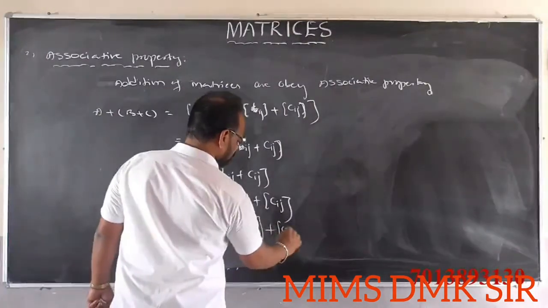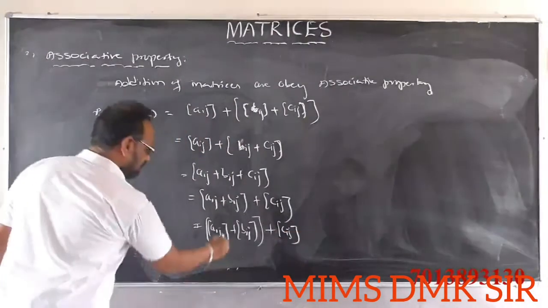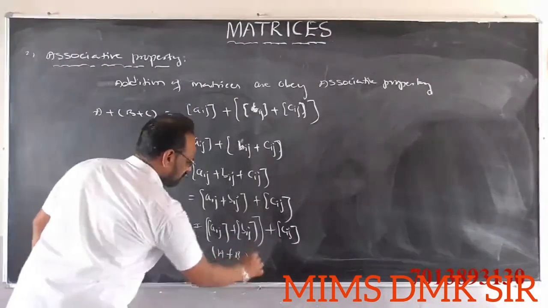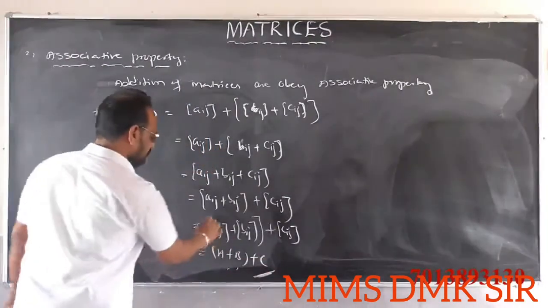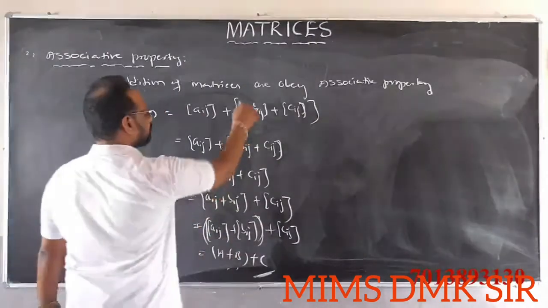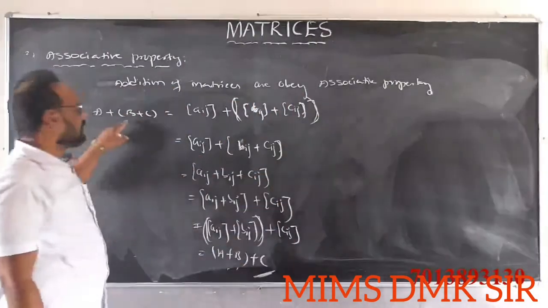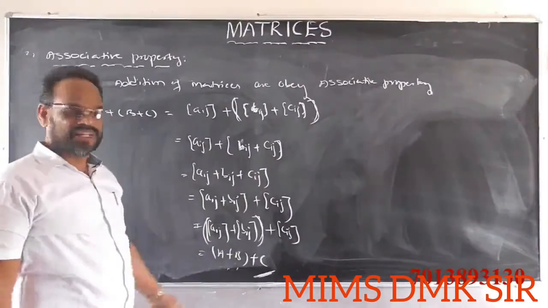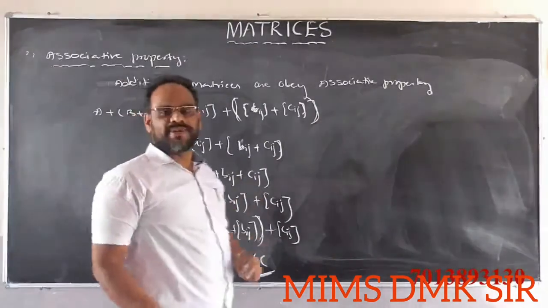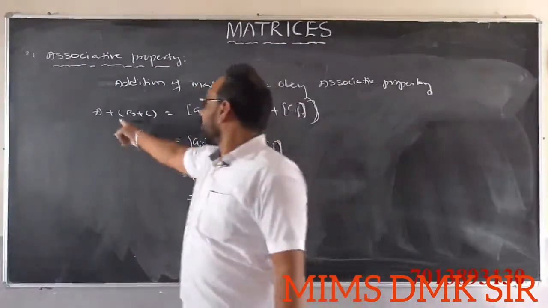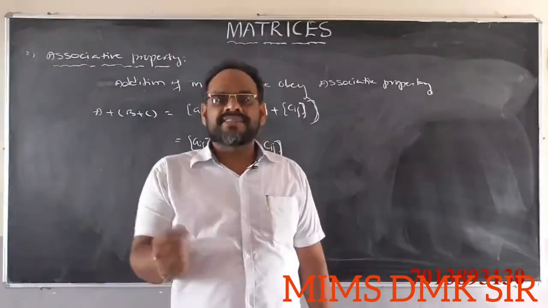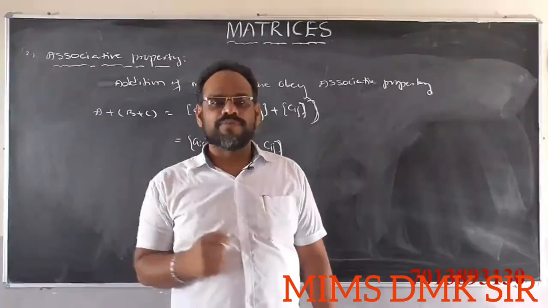That means Aij means clearly A. Observe here: A plus B plus C is equal to A plus B plus C. That means matrices obey the associative property.